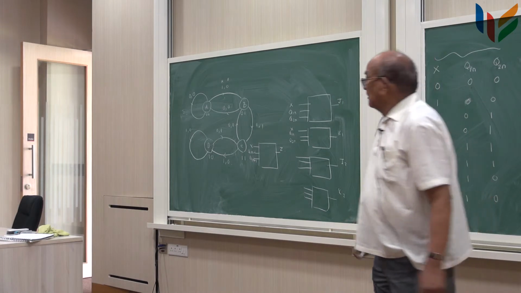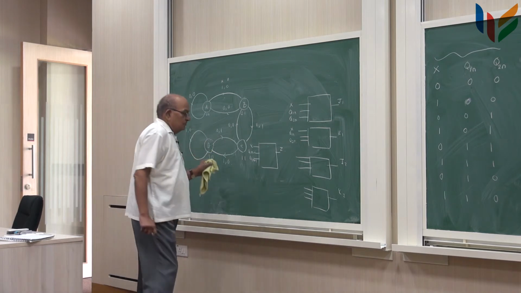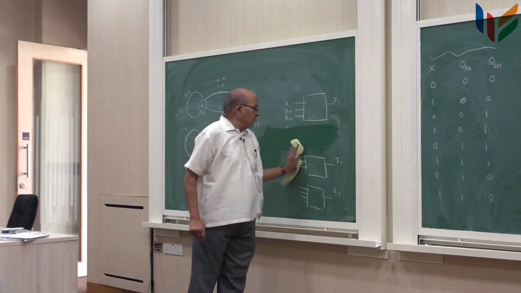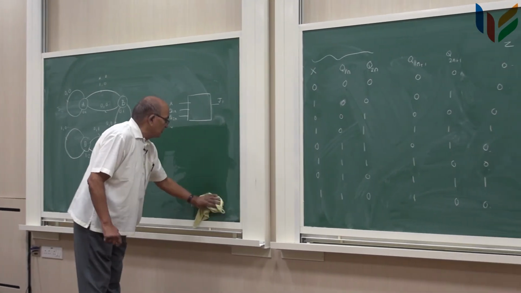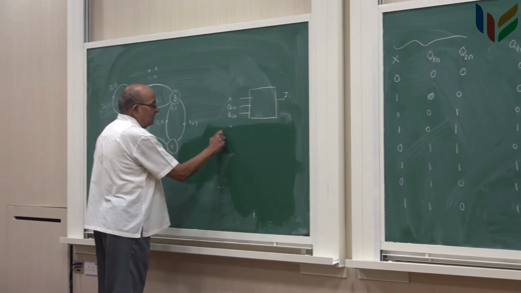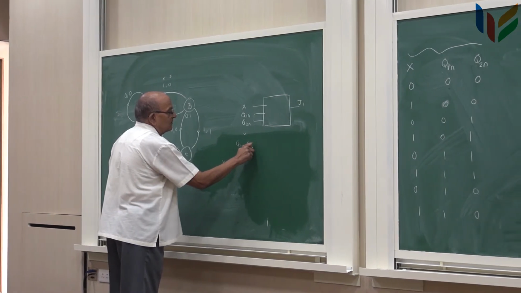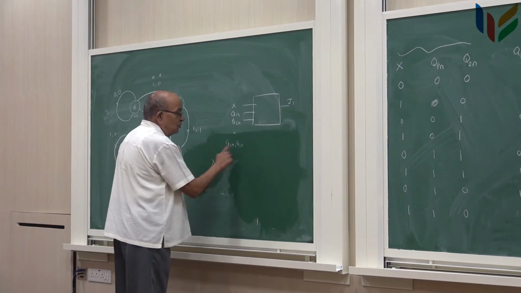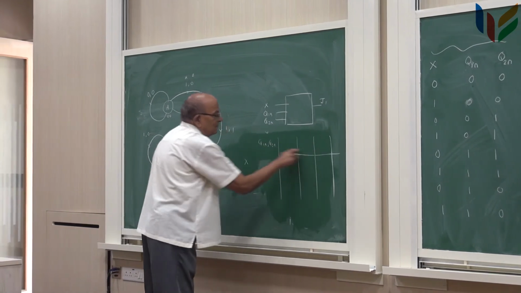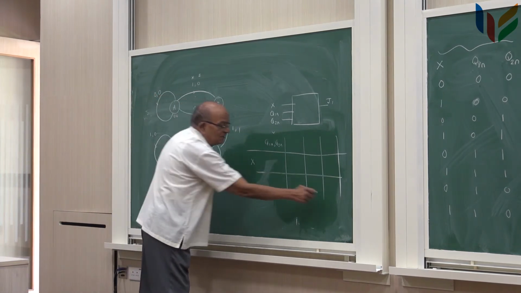Okay? So now if you take any one of these, you have a truth table with x, q1n and q2n. There are two state variables here, so there will be 4 columns here, and x is one variable, so 2 rows.